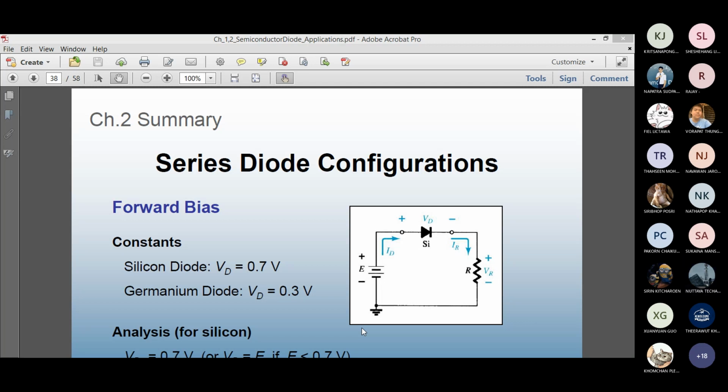Yes. What do you call the point where the load line joins the characteristic graph? What is the name of that point? There is a name for that point. What is the name? Do you remember the name?